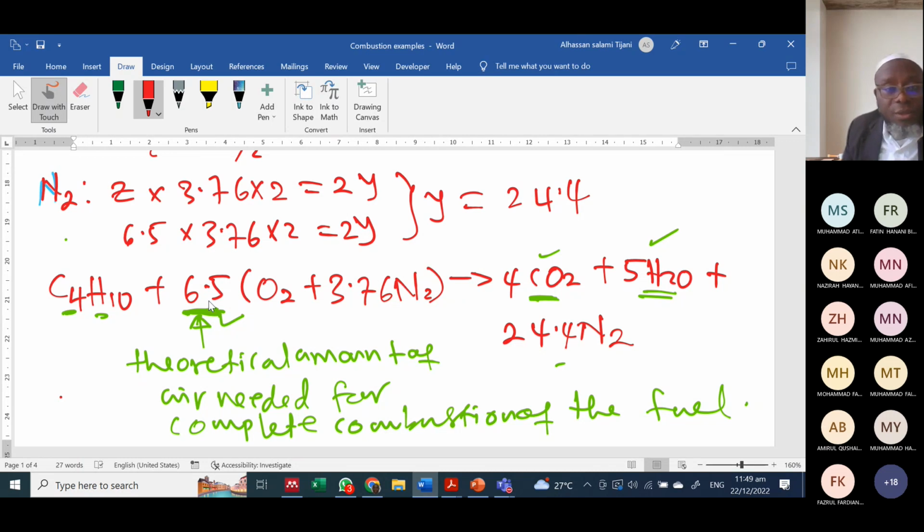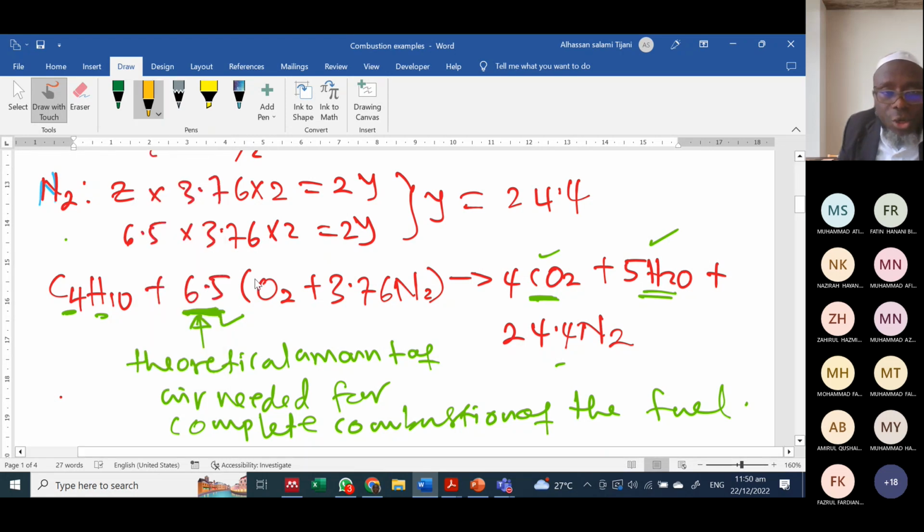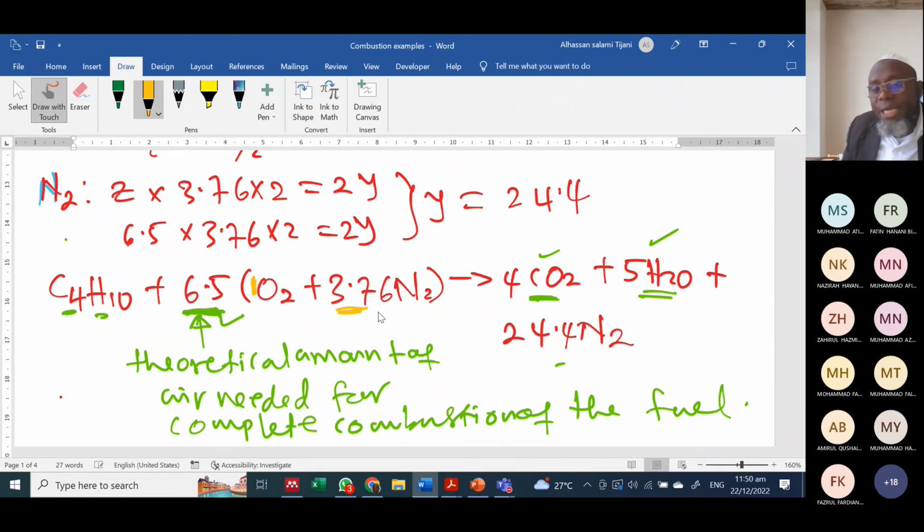Please pay attention to this information. We have 1 kilomole of oxygen plus 3.76 kilomole of nitrogen.